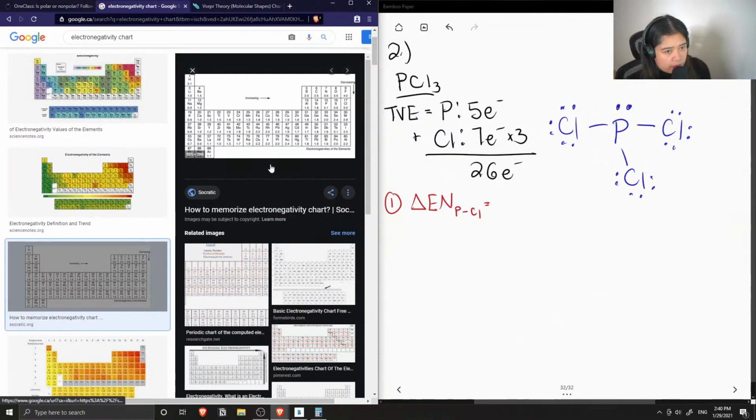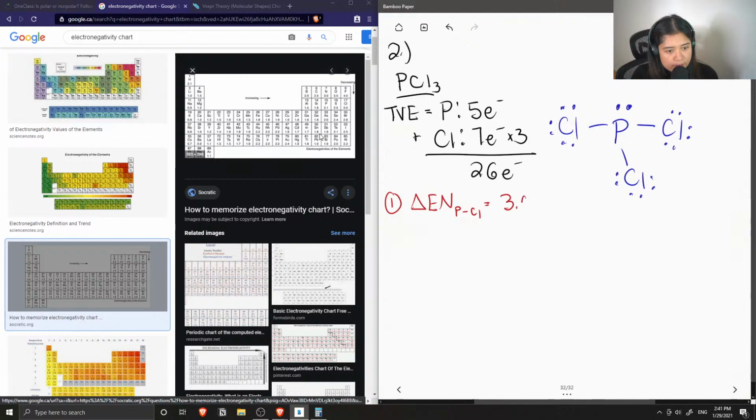So we'll use this one here. Chlorine has an electronegativity value of 3, and phosphorus is 2.1. So the electronegativity difference between the two is 0.9.